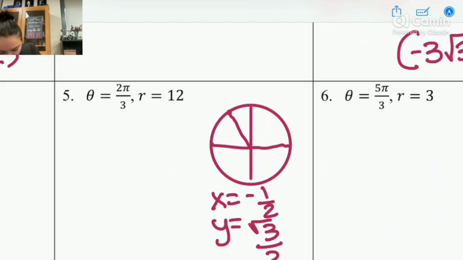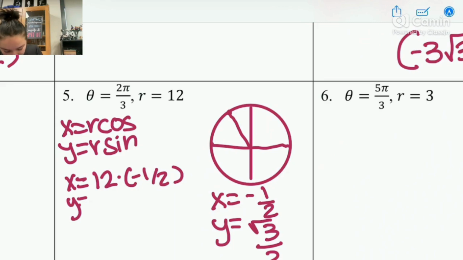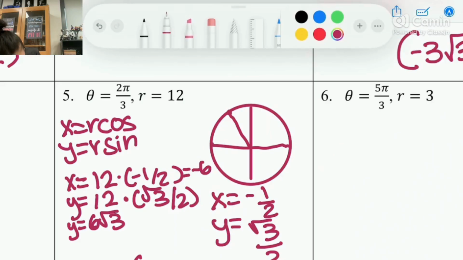Same formula as before: x is equal to r cosine, y is equal to r sine. x is equal to 12 times negative 1/2, y is equal to 12 times square root of 3 over 2. This would be negative 6. y would equal 6 square root of 3. So your final coordinates would be negative 6, 6 square root of 3.